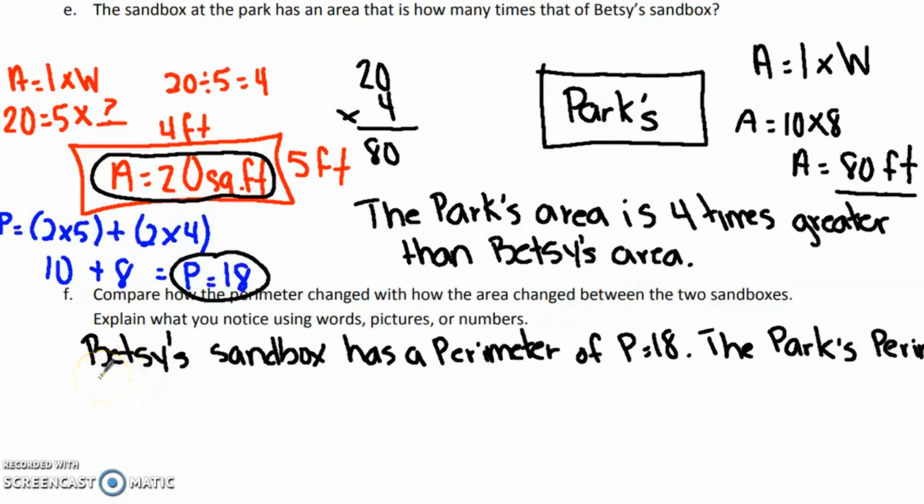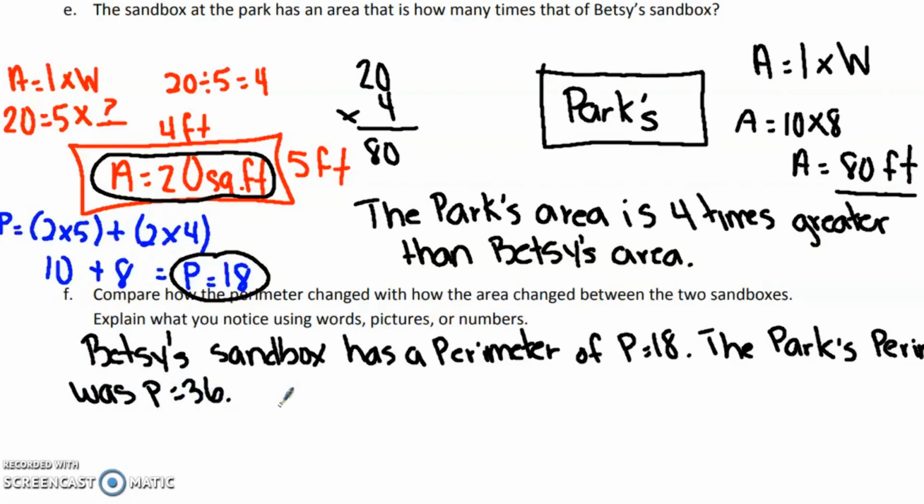The park's perimeter, as you remember before, we had 10 and 10, which is 20, and then, so we know it was 36, okay? So the park's perimeter was P equals 36.